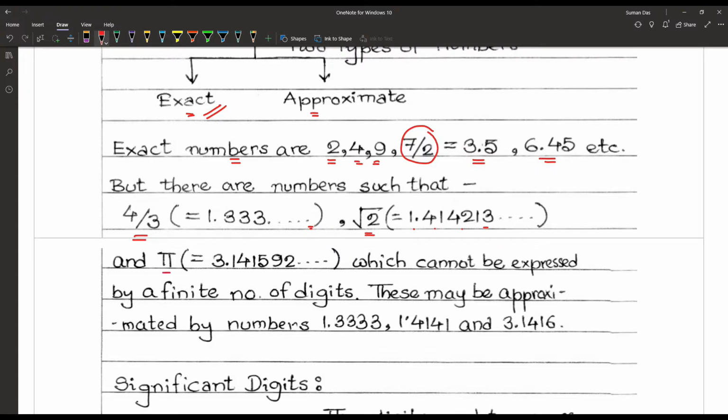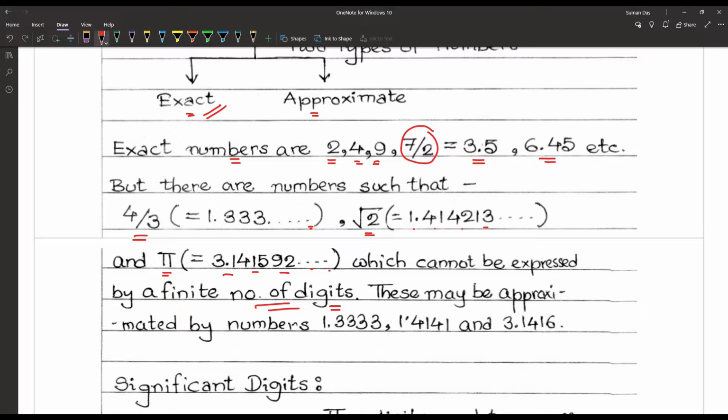Another one, suppose pi, that is 3.141592 dot dot dot, which cannot be expressed by a finite number of digits. Those numbers are not exact and those are approximated after the decimal point with some digits.